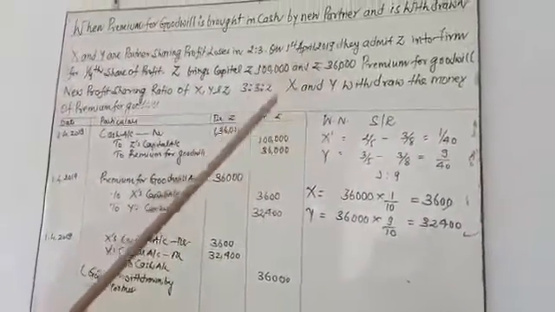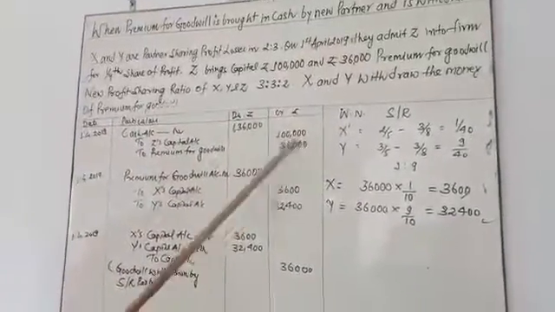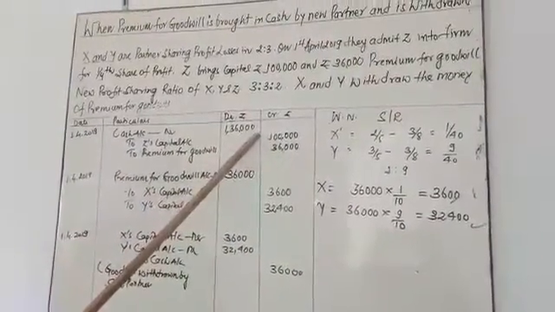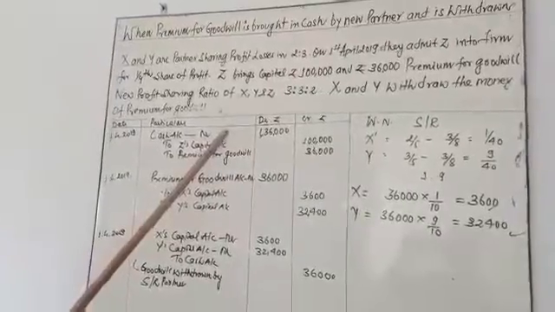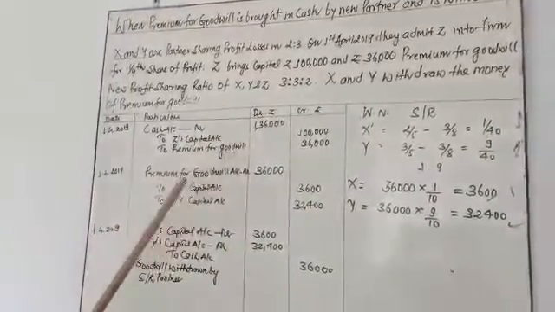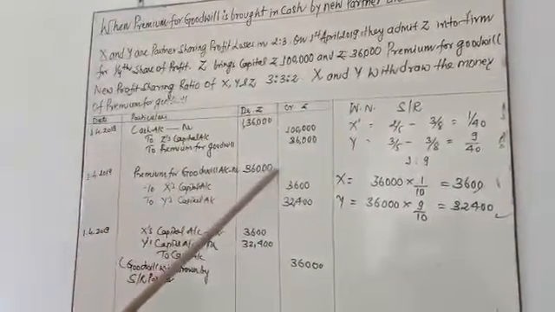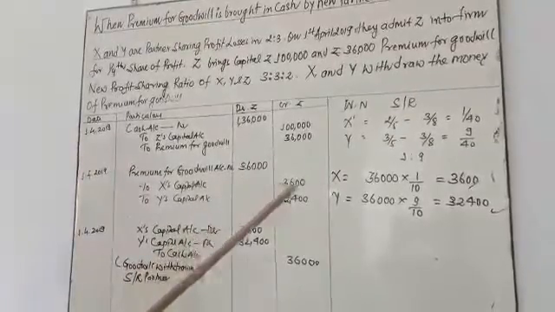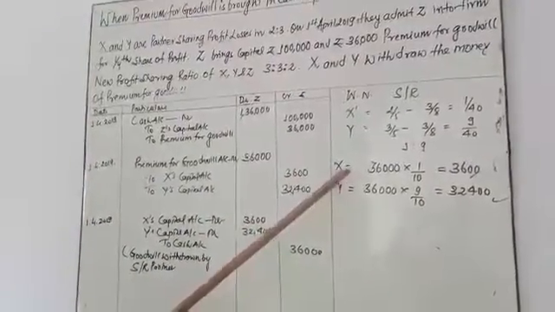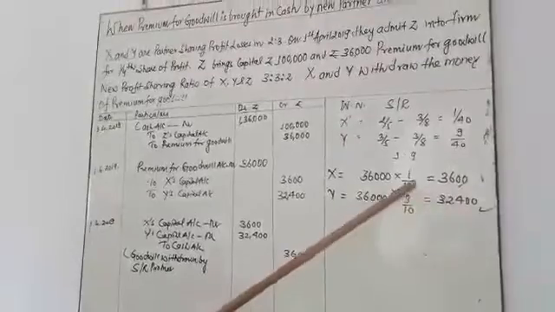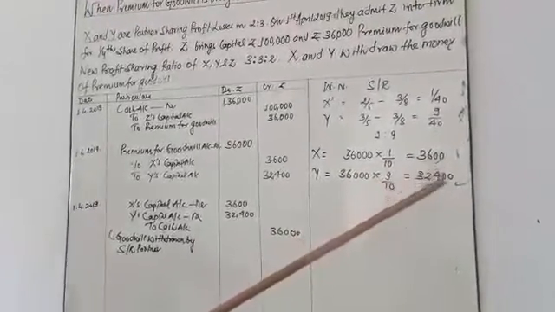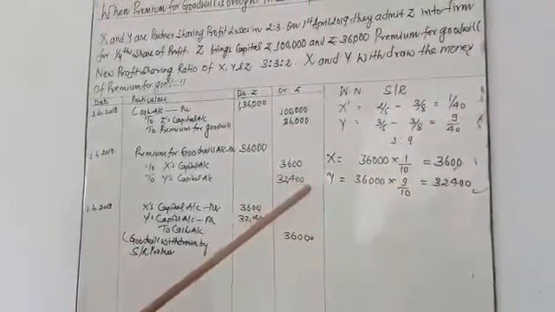Both amounts add up, and 1,36,000 of cash comes into the firm. The next entry is the distribution of the 36,000 rupees among the partners X and Y in the ratio 1:9. It is also mentioned here.